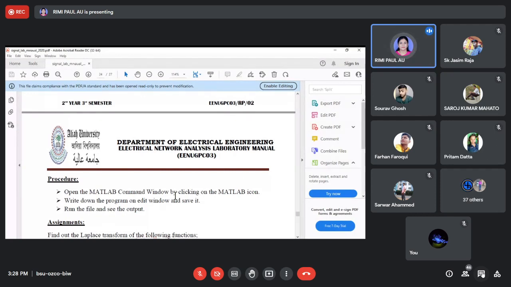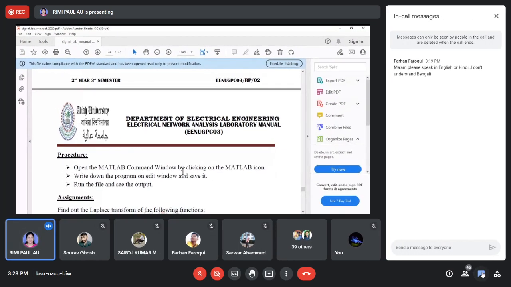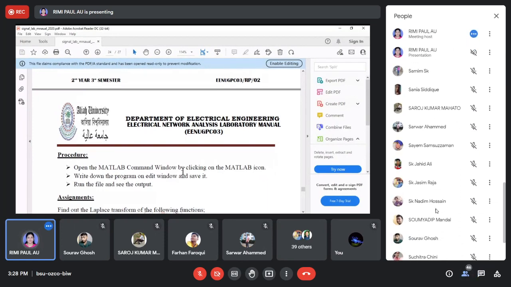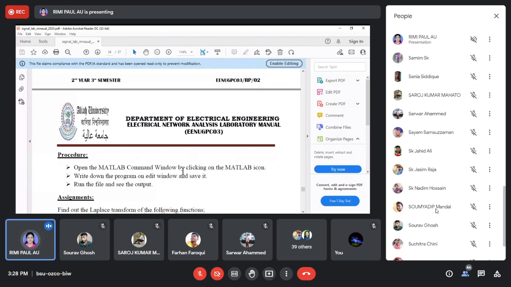Next week Laplace transform will be solved theoretically as well as practically, and you have to submit the practical data within this week, 16th or 18th. For the Laplace transform experiment you don't have to submit the lab copy in your Google Classroom, you just have to submit the hard copy.